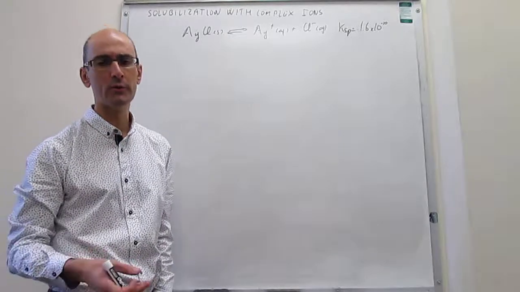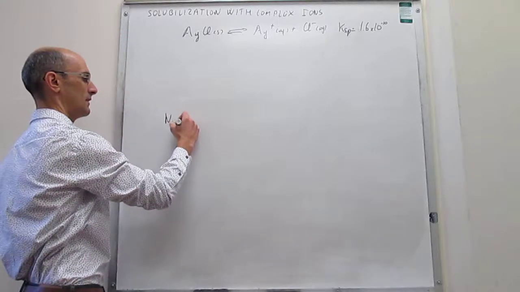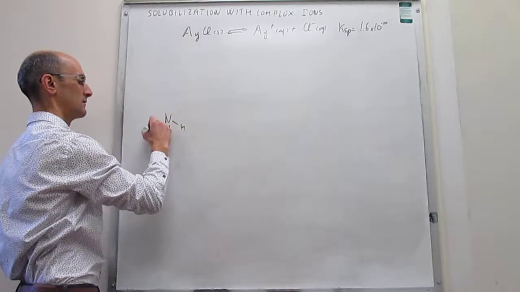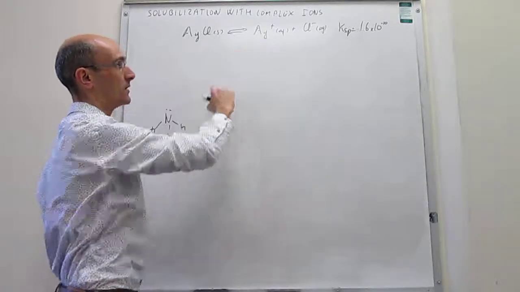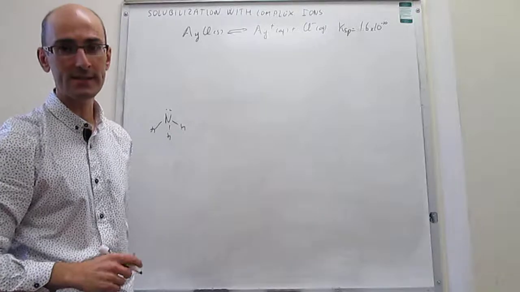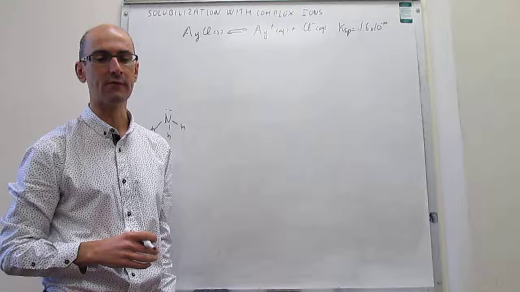As you know, ammonia has a lone pair. When you draw the Lewis dot structure of ammonia, it's something like this. So that acts as a Lewis base, which can interact quite strongly with that silver plus Lewis acid, and then increase the solubility of the silver chloride.